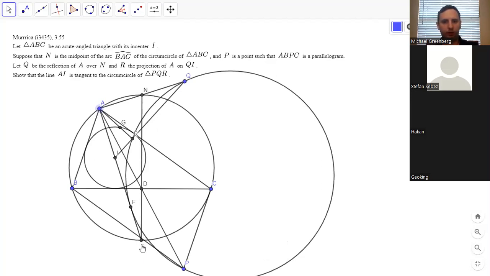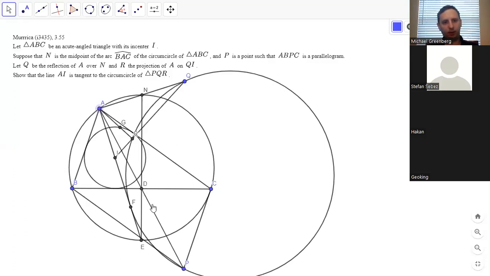We can show G lies on the circle NID. But I is not the midpoint of, like, hold on. So I'm a little confused about the homothety. So N is the midpoint of AQ, right?